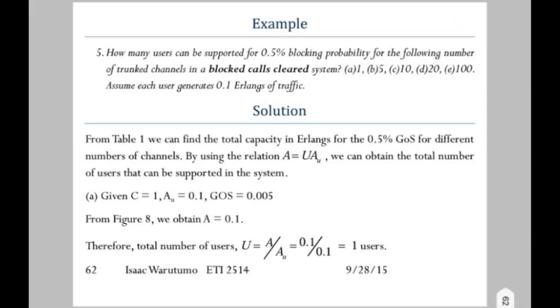So for the first one, C is 1, and we are told that each user generates 0.1 Erlangs of traffic. So that means that AU is equal to 0.1. Okay, so you are saying that we have one channel, 5, 10, 20 or 100, and we are told that each user generates AU equals to 0.1.